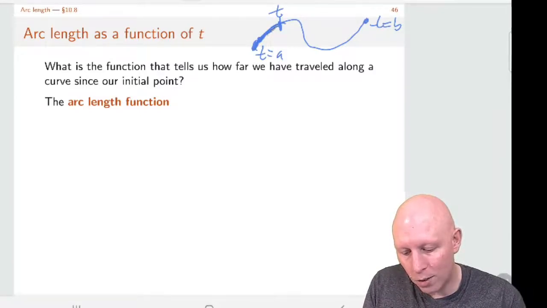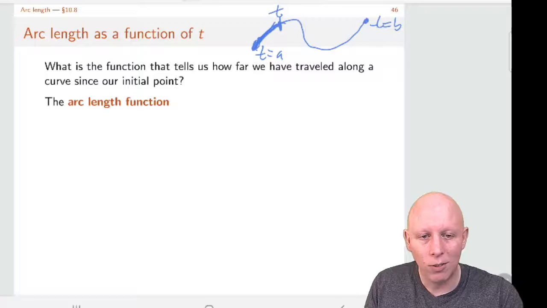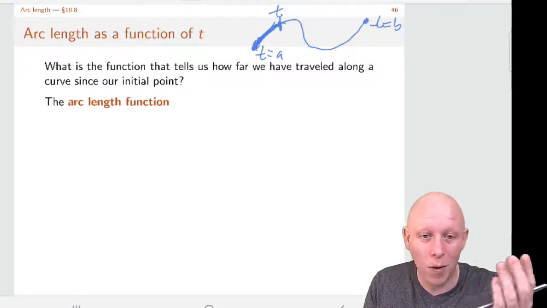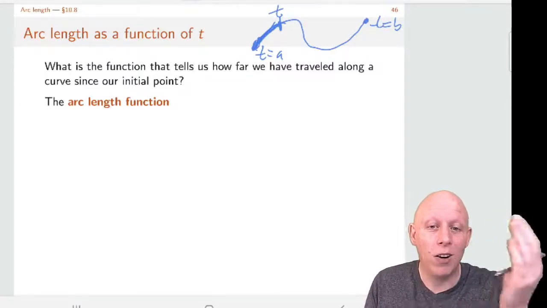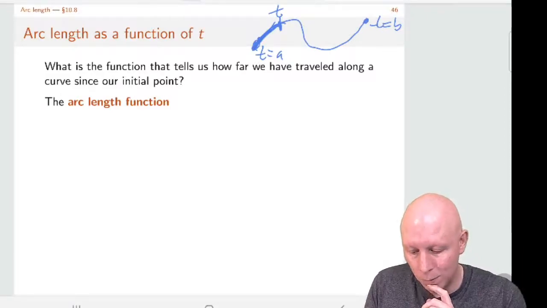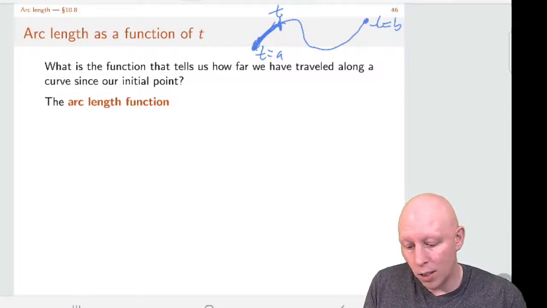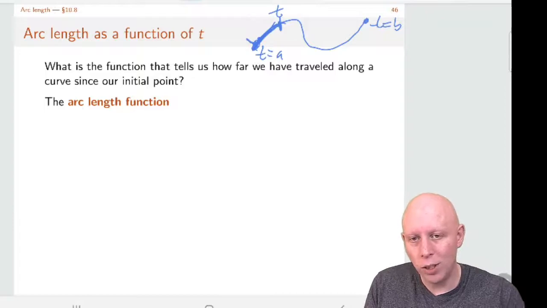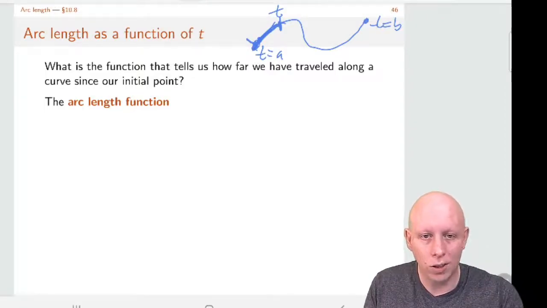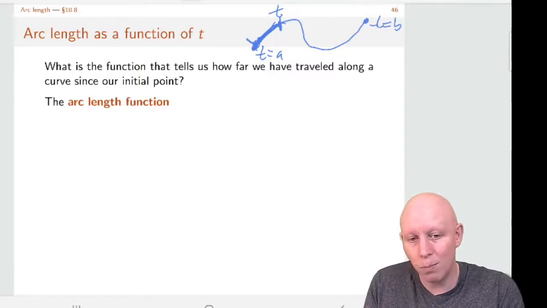What's a function for how far we've traveled since our initial point, up until some point in the middle of the curve?